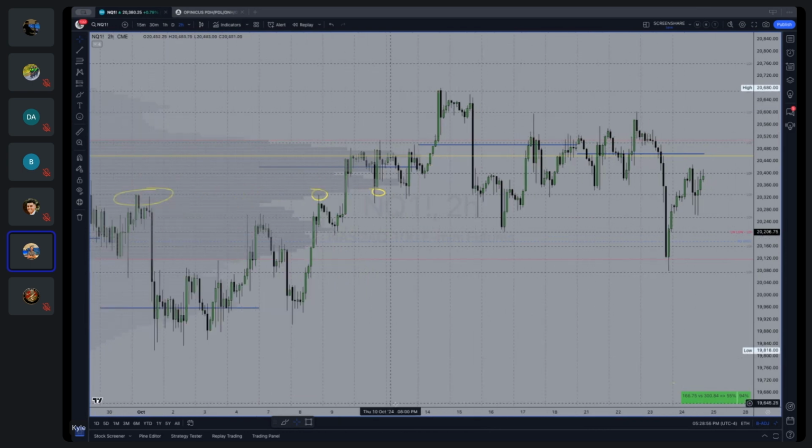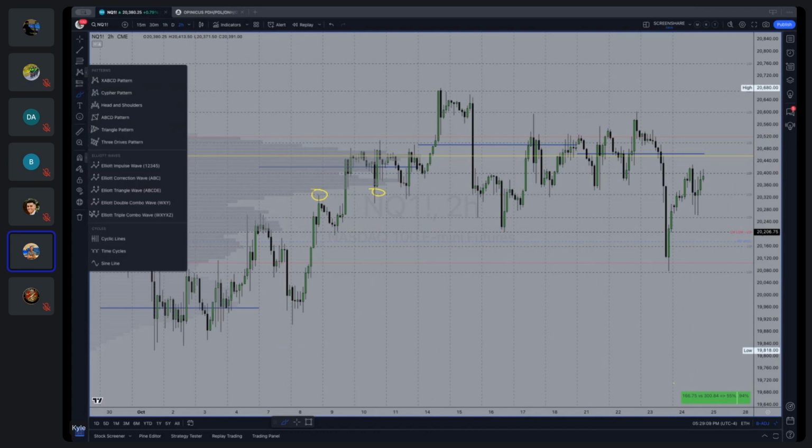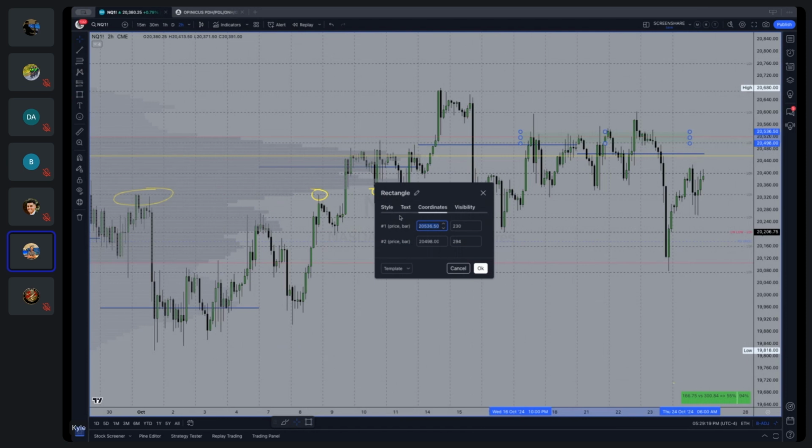Then you'll have scenarios where these areas are tricky and annoying, like 500 by 530. Typically, for stuff like that, I'll just take the rectangle tool and put a zone through there, where it's not clear what level it actually is, whether it's 500 or 530.